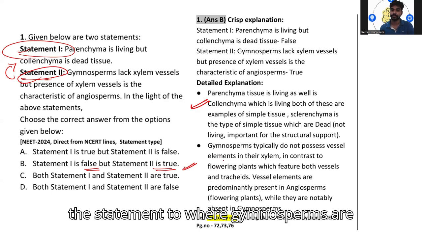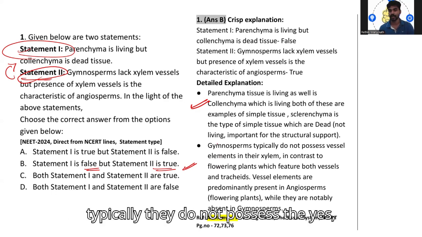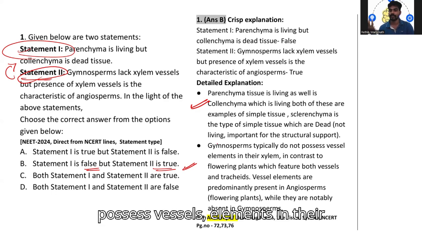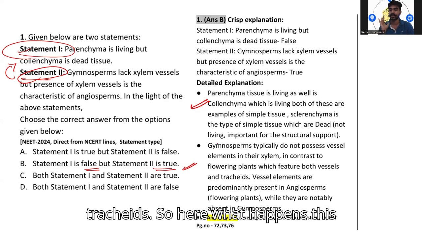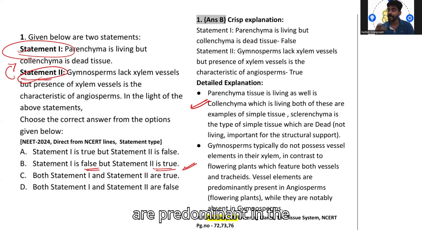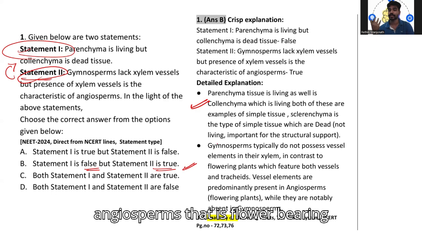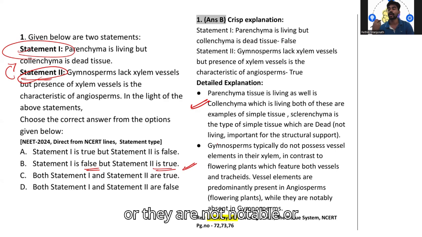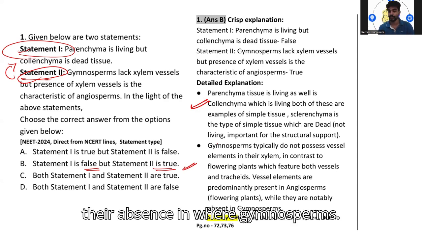The same applies to statement 2, where gymnosperms typically do not possess vessel elements in their xylem, in contrast to flowering plants, where there are both vessels and tracheids. The vessel elements in xylem are predominant in the angiosperms, that is flower bearing plants, while they are absent or not notable in gymnosperms.